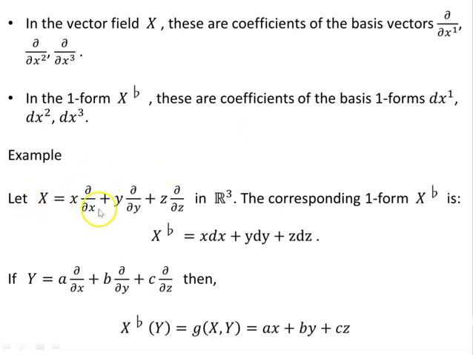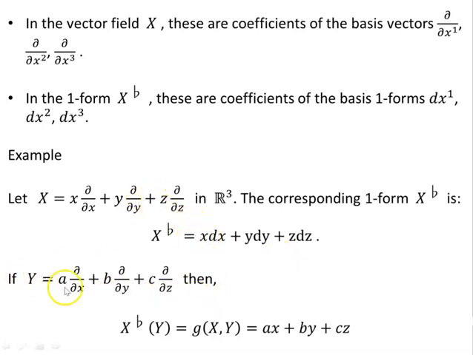So for example, let x equal this object here in R3, the corresponding x flat is x dx, y dy plus z dz. Notice here the basis vectors become the basis 1 forms, but in Euclidean space where the metric is just that diagonal 1, 1, 1 in R3, these components don't change. Right? They remain the same.